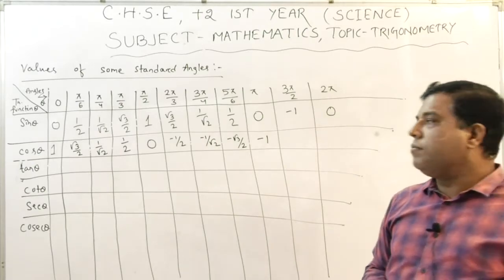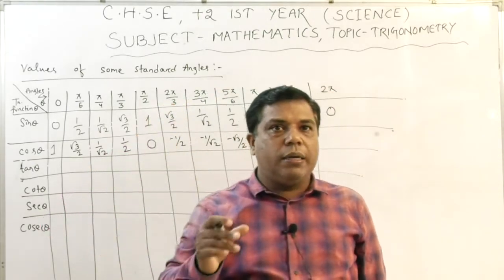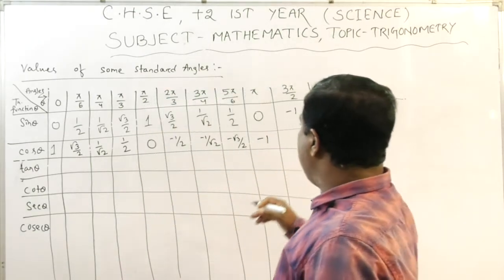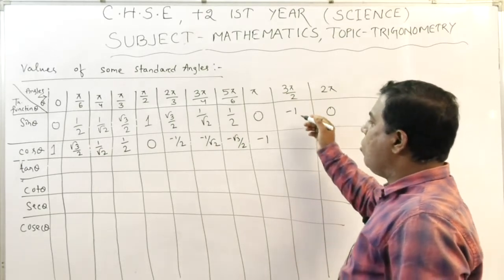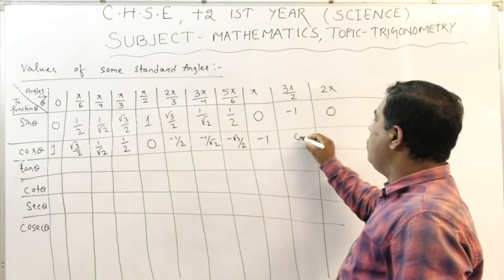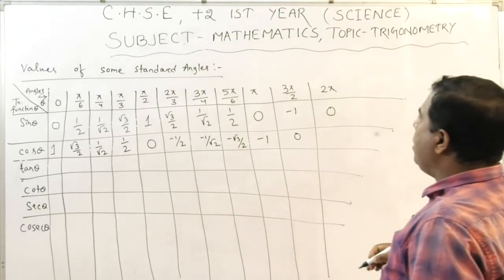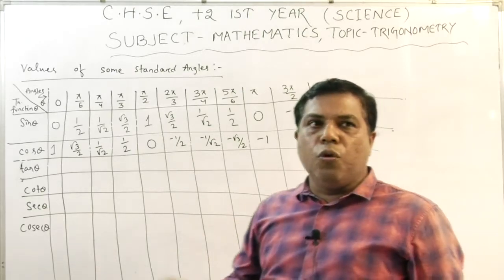Okay, dear students. So you see what happened about these trigonometric ratios, what we can say about the values of the trigonometric ratios in different quadrants. And cos of 3 pi by 2 is 0. Okay, dear students. And what happened about cos of 2 pi?